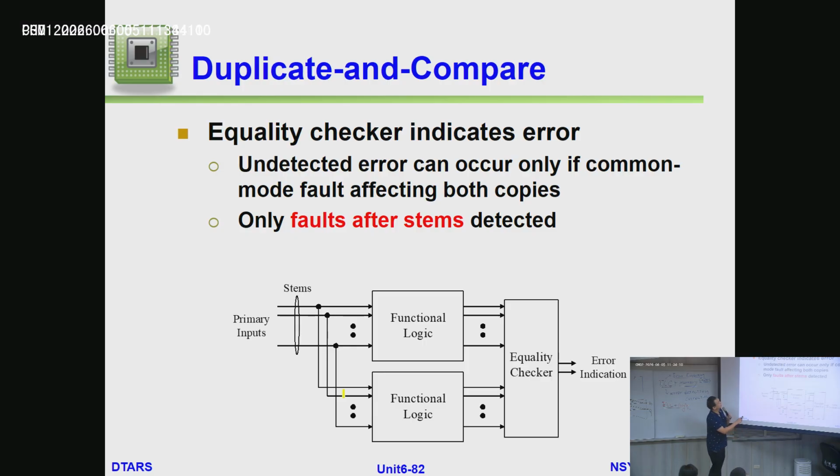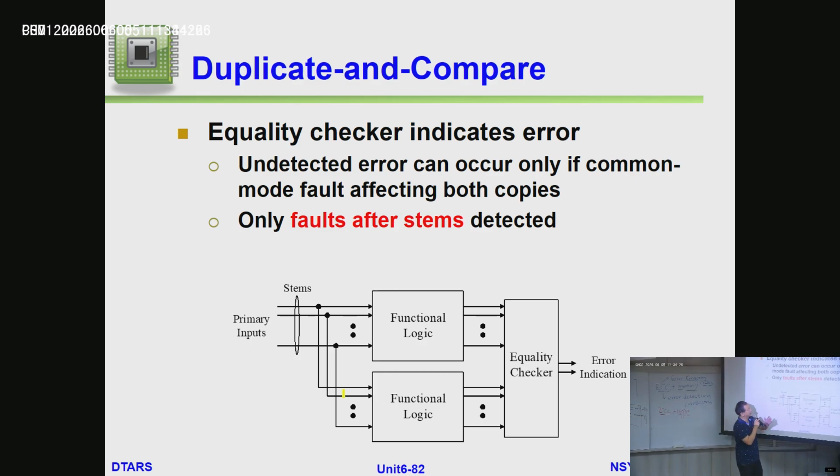The second one, only faults after the stem are detected. Which stem is this one? This is the stem. Pay attention to this bold break point. Only faults after this stem can be detected, because if there are some errors in here, it will affect this one and this one at the same time.